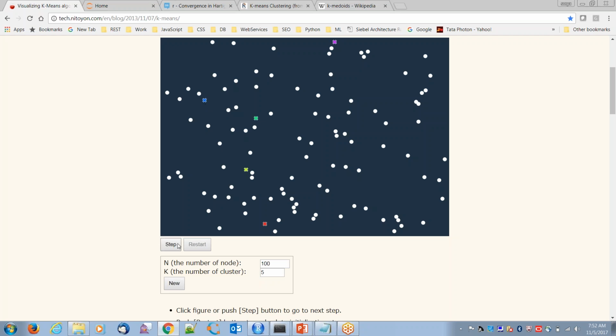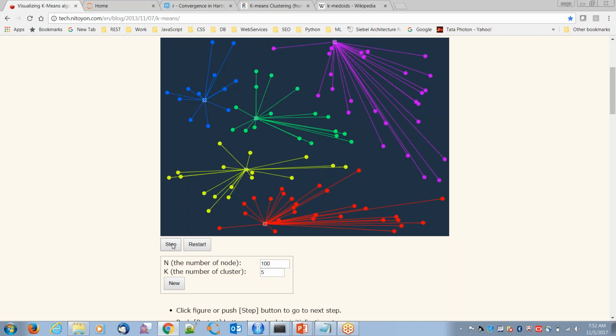So let's visualize this step. See, all the nearest data points go to the respective cluster centers. Now let's take any group, say this purple group. We had chosen the cluster center randomly, right?